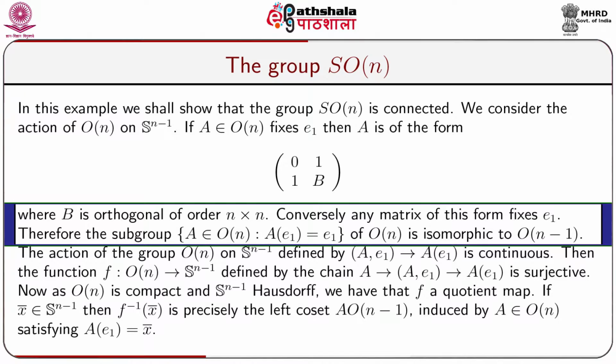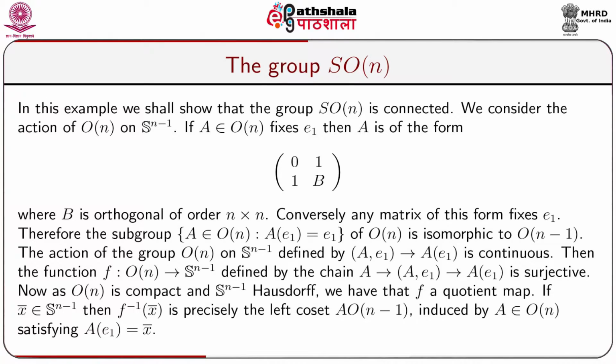Conversely, any matrix of this form fixes e1. Therefore, the subgroup of O(n) consisting of those elements which leave e1 fixed is isomorphic to O(n-1).